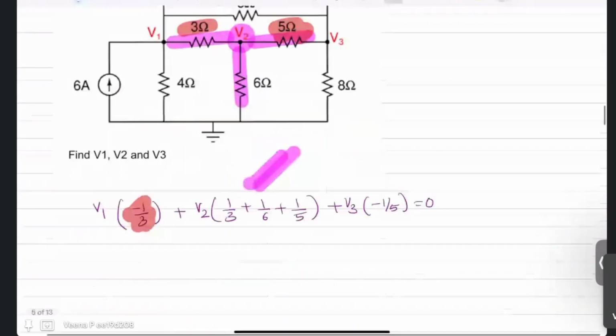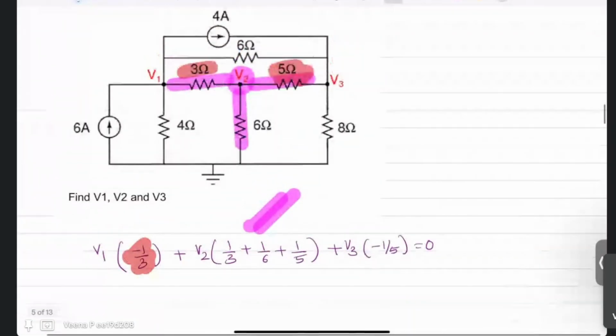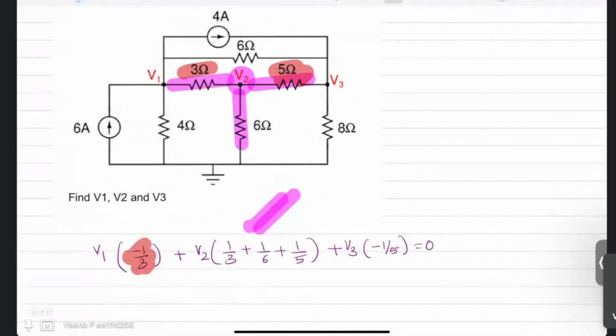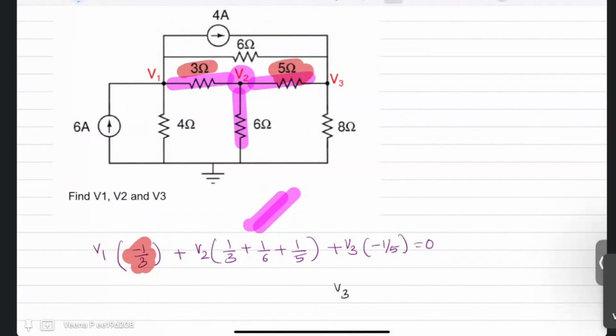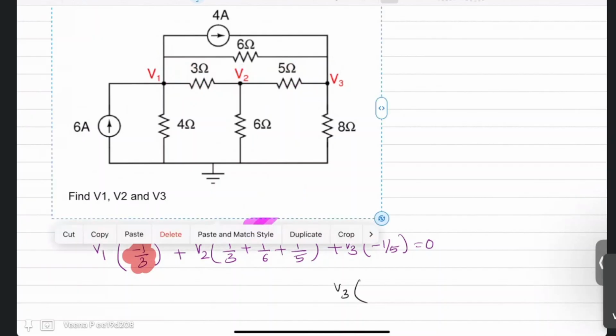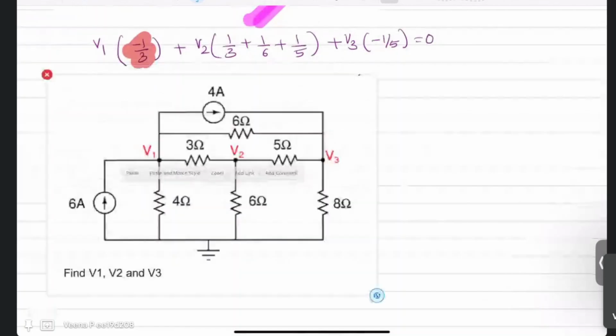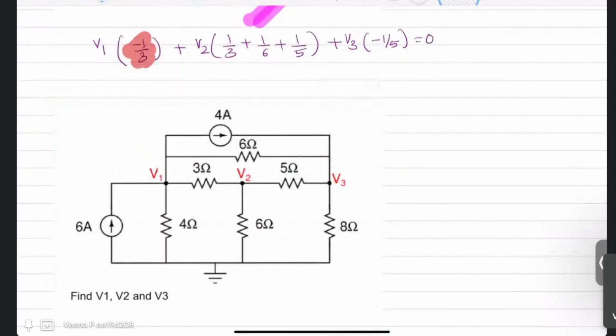Now if you write a nodal equation directly for V3, the outgoing currents, which is the coefficient of V3, will be the sum of the admittances connected to V3. So I'm writing the nodal equation of the third node. In that case, the third node is my main node.